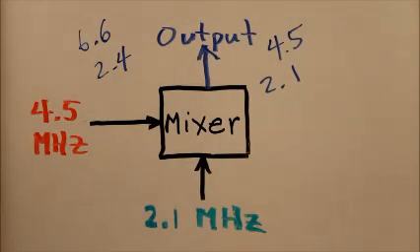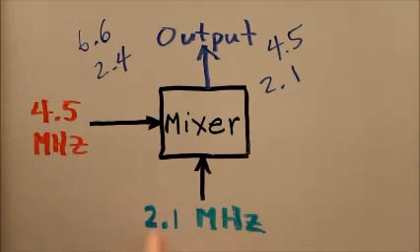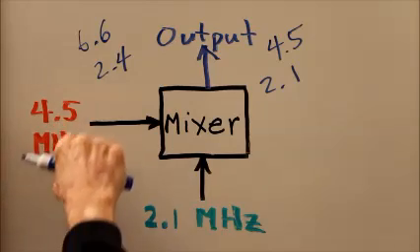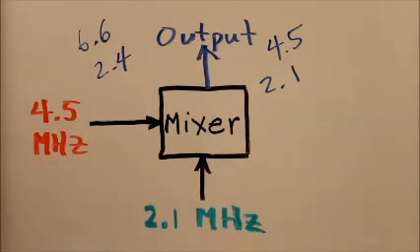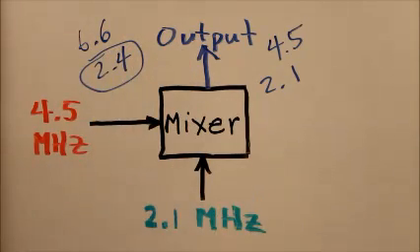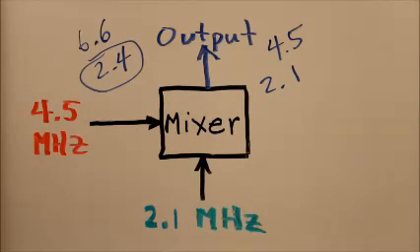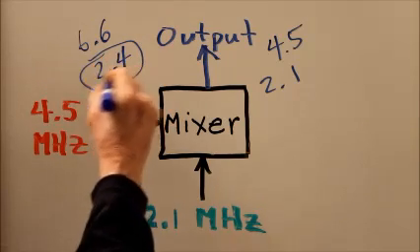And they vary in such a way that their difference is always the same. So for example, 4.5 megahertz might go up to 4.6, while 2.1 goes up to 2.2, so the difference remains a constant 2.4 megahertz, thereby giving us a constant output frequency, which makes it much easier to process the signal.